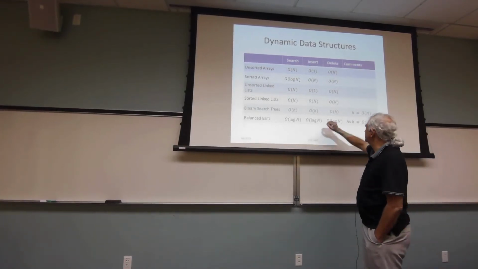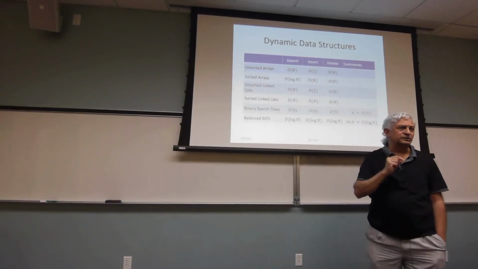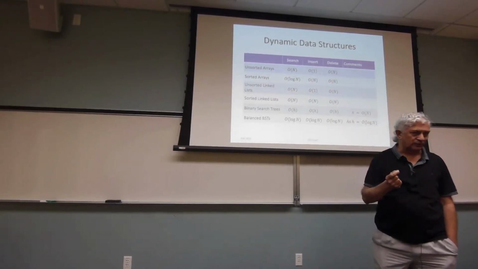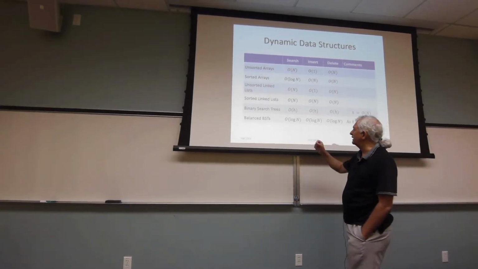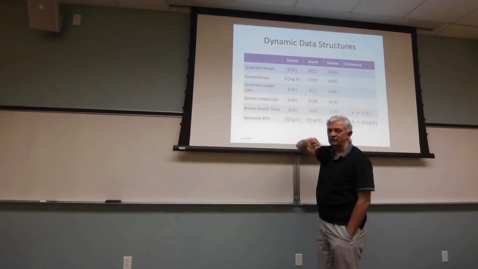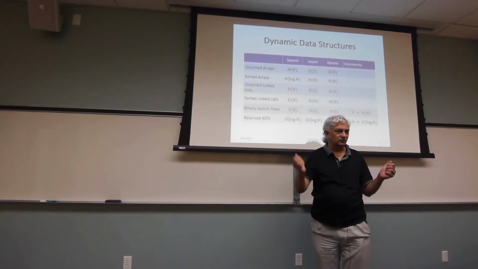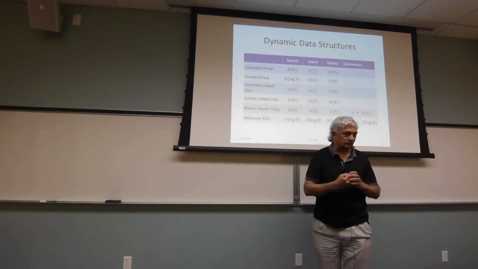The delete operation can be fast if you know which item it is and if you don't have to search for it. But otherwise, you cannot speed up search in a sorted linked list because you can't do binary search. There is no such concept of getting to the middle of the list.